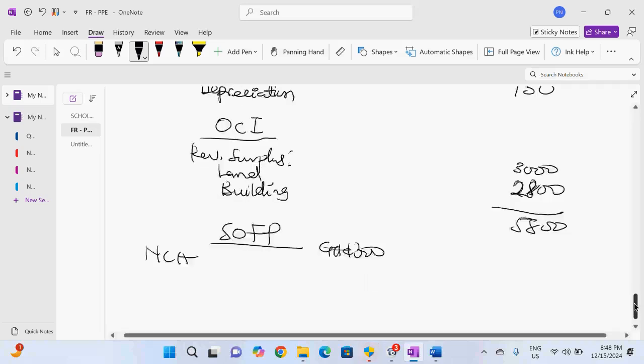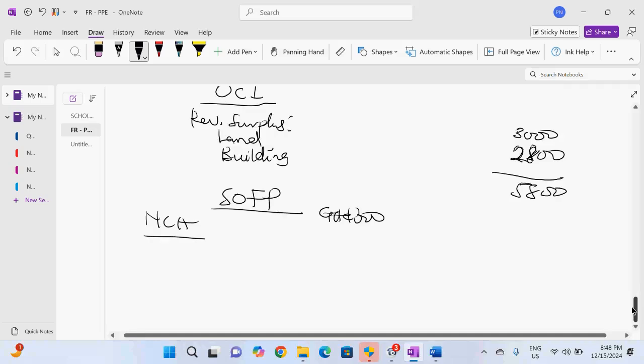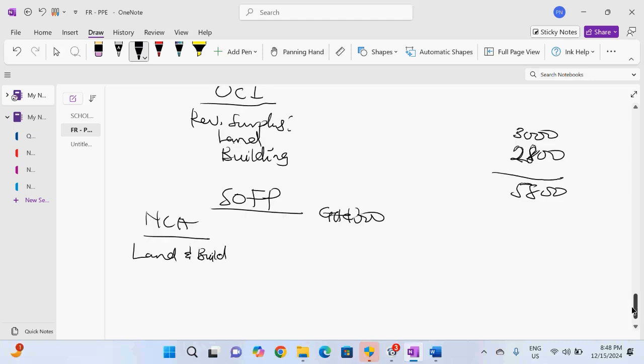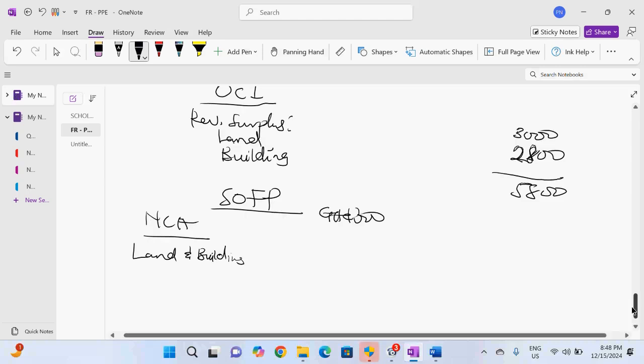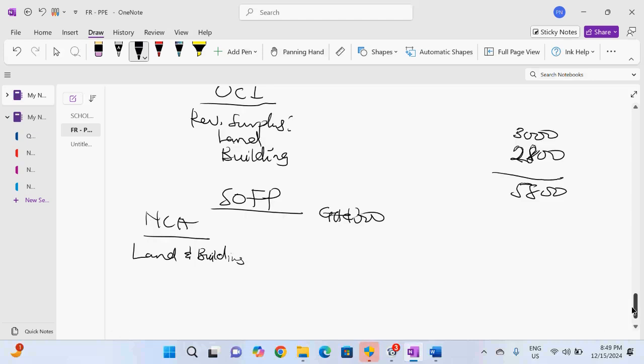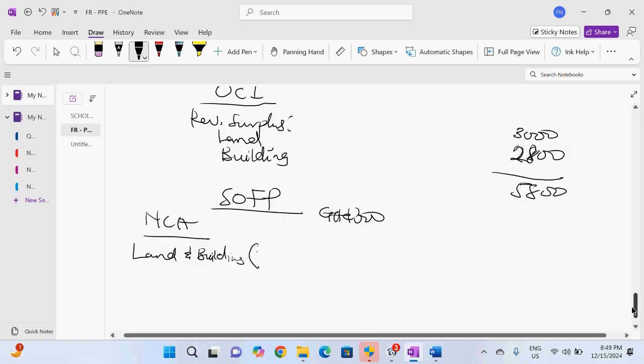Land and building. Because there is depreciation on the building, let's separate it. We are bringing the final figure, the net book value. We can even add the two.